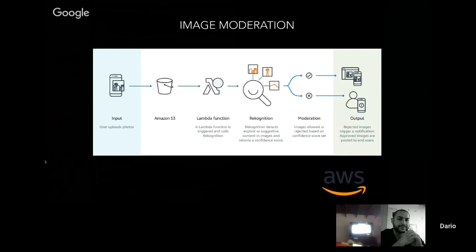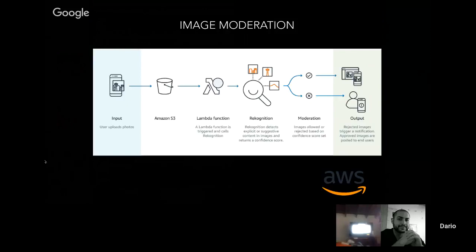So how does the image moderation work? Basically, any user can upload an image or photos through their mobile device or through the computer, and it's loaded to an Amazon S3 bucket. Then the Lambda function is triggered, and it calls the Rekognition service.